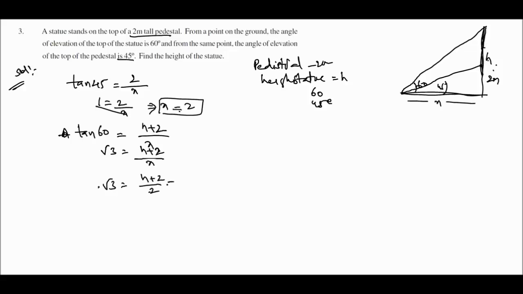So 2 root 3 is equal to h plus 2, so h is equal to 2 root 3 minus 2. Taking 2 common, h is 2 times (root 3 minus 1). This is the height of the statue. This is the answer.